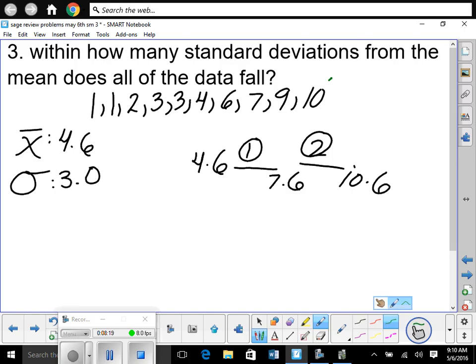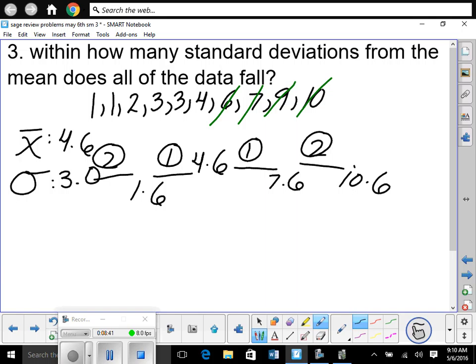So these values fell within 2, between 4.6 and 7.6, right? Then let's see how far below we had to go. 4.6 minus 3, so this is one standard deviation below, it's 1.6. Then one more below, 2 standard deviations, would be negative 2.6, right? Minus 3. Okay.